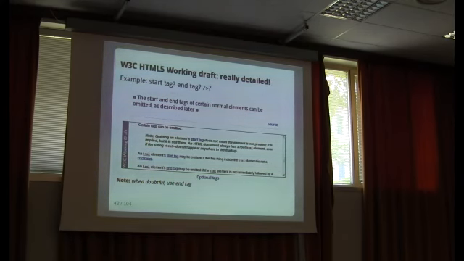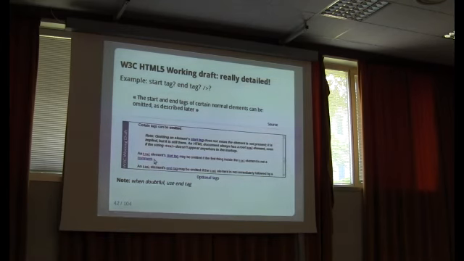I include here just a snippet of the response and a view of the full part of the specification. The specification says the start and end tags of certain normal elements can be omitted as described later, and then follows a big piece of text saying, for example, an html element start tag may be omitted if the first thing inside the html element is not a comment.